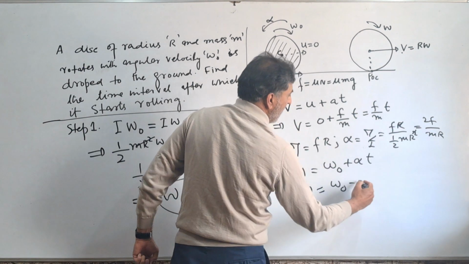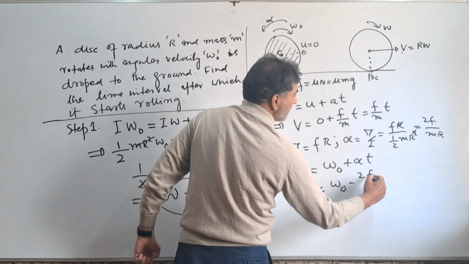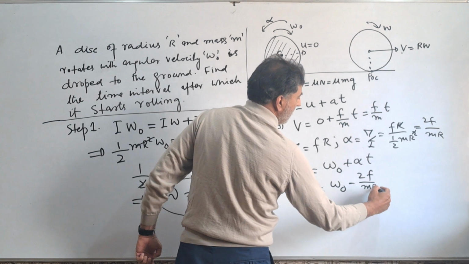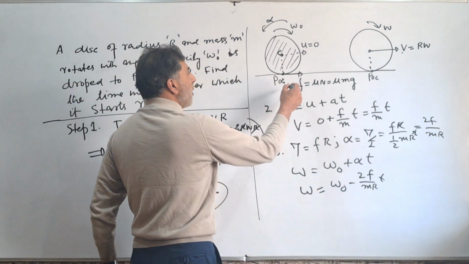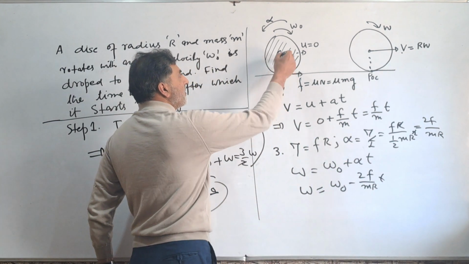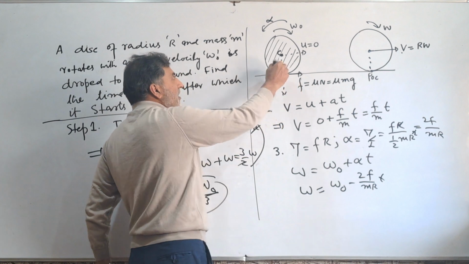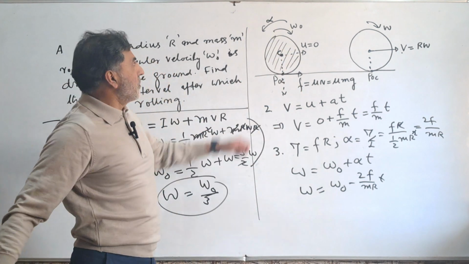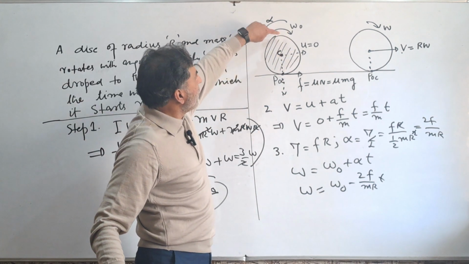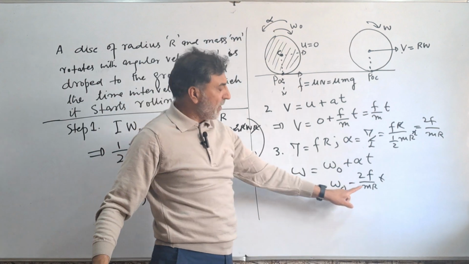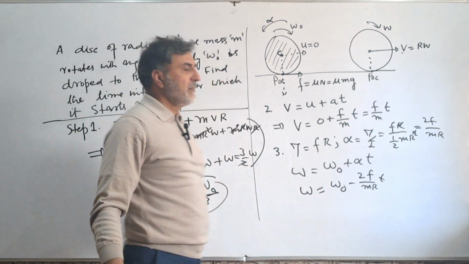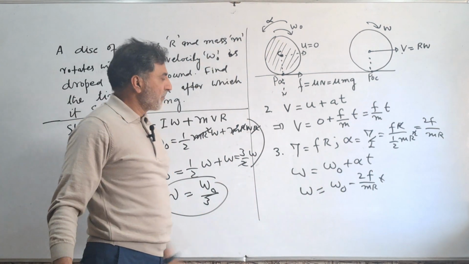It is a negative sign. Why? That I will tell you. 2 times f by mr into t. You see, torque is r cross f. R is this direction, r cross f, that is opposite to omega 0. So that means this torque will try to reduce the angular velocity. That is why angular acceleration is negative, right? Because it is opposite to omega.